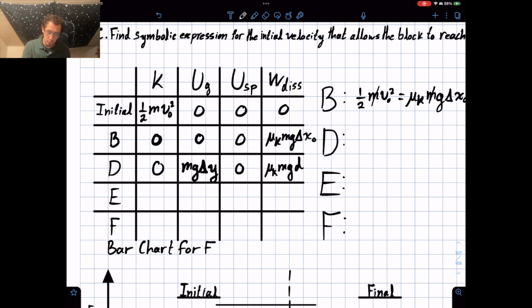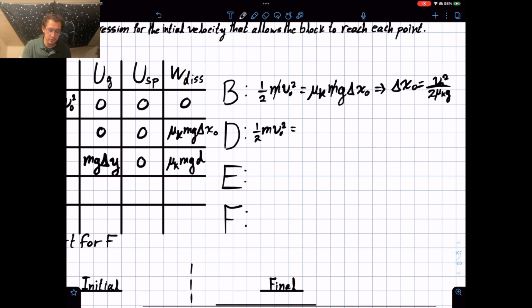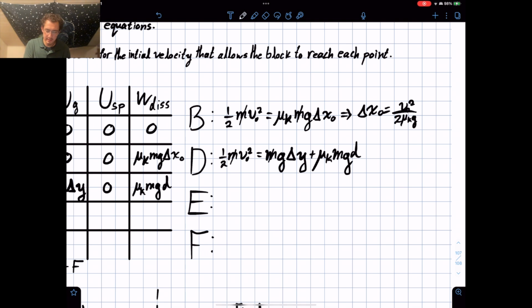We have 1/2 mv0 squared on the left-hand side, and that's going to be equal to mg delta y plus mu k mg d. Yet again, masses cancel, and then we can solve for delta y.